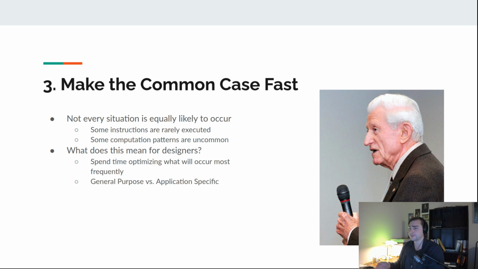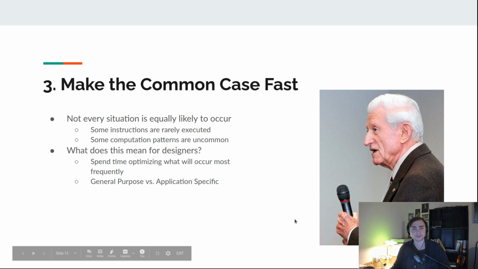So, if we're doing tons of matrix multiplication in something like a machine learning workload, instead of running it on a general purpose CPU, we can design an accelerator that's very good at just matrix multiplication or matrix multiplication and a few other things, with this core idea of optimizing for the common case.